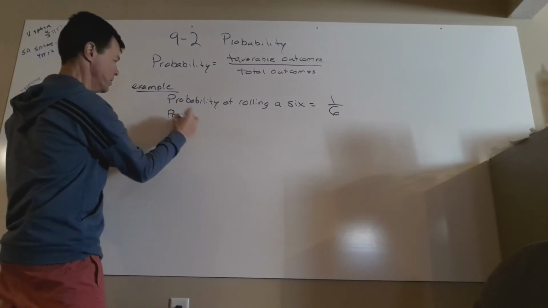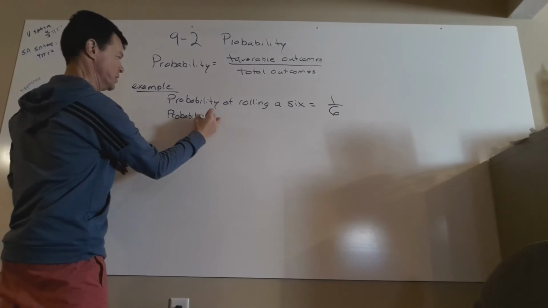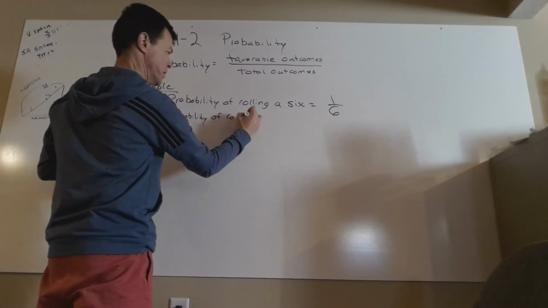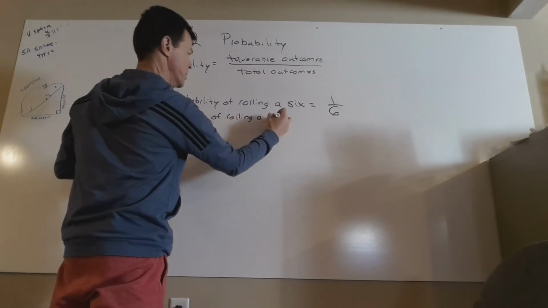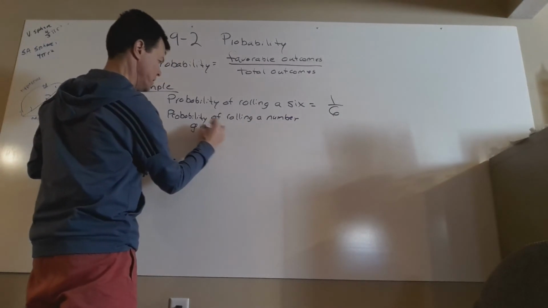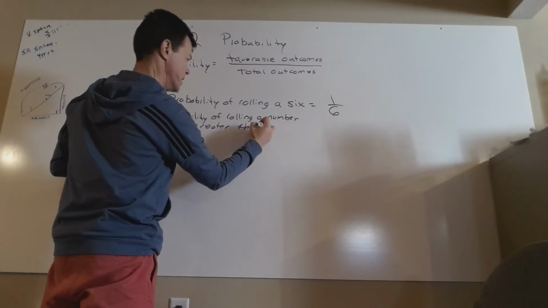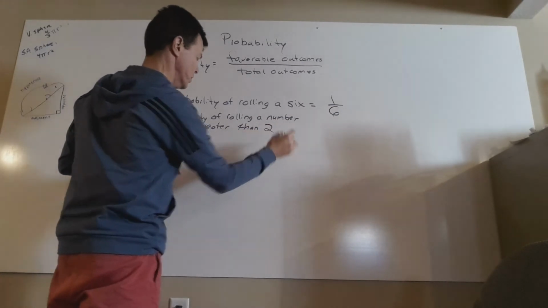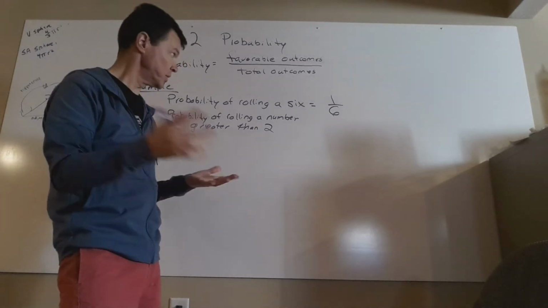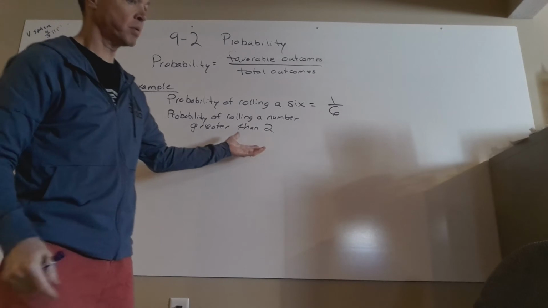And maybe we could do another example. Let's do the probability of rolling a number greater than 2. So if you have your dice, 1 through 6, we know that. What's the probability of rolling a number that's greater than 2?